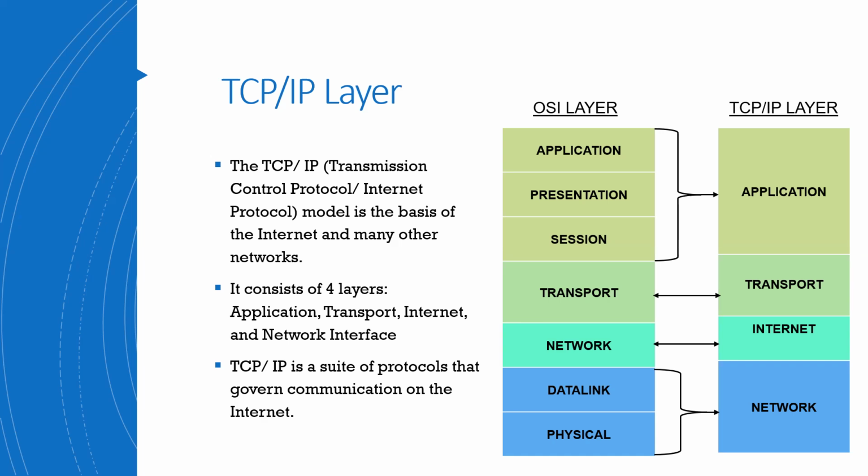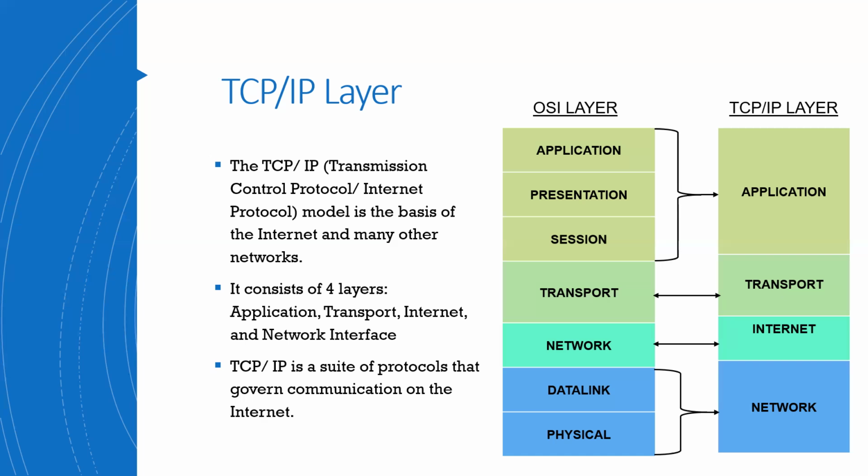It provides reliable, ordered, and error-checked delivery of packets over IP networks. TCP/IP comprises multiple protocols, each serving different functions. TCP provides reliable, connection-oriented communication between devices, ensuring data delivery.